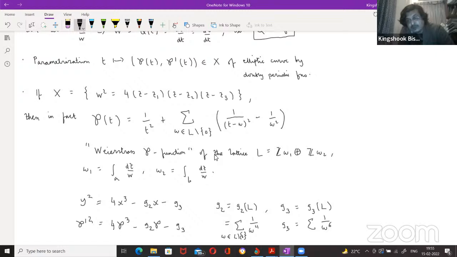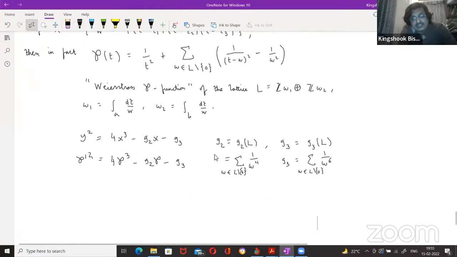So now notice that these are sums over the lattice. These are homogeneous functions of the lattice.